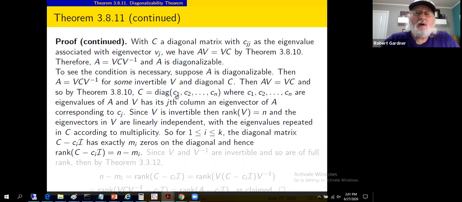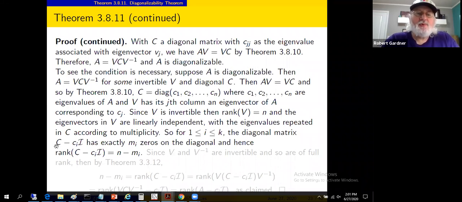So we might get C1, C1, C1, 3 times, for example, if m sub 1 equals 3. So if it's algebraic multiplicity 3, repeated 3 times, meaning when you take this difference of matrices, 3 times this one would have a value on the diagonal. This one's got that value on the diagonal all of the time.